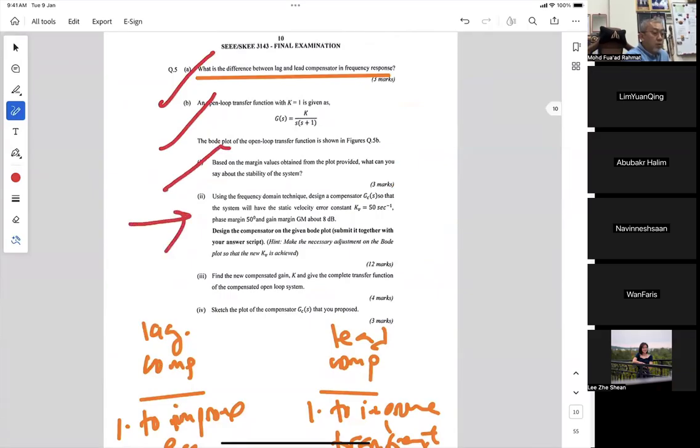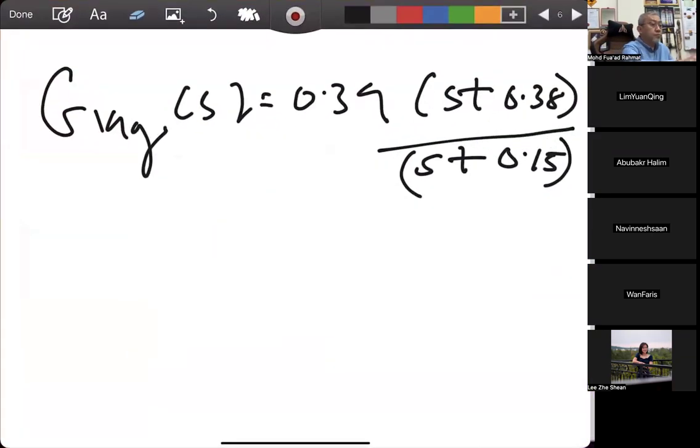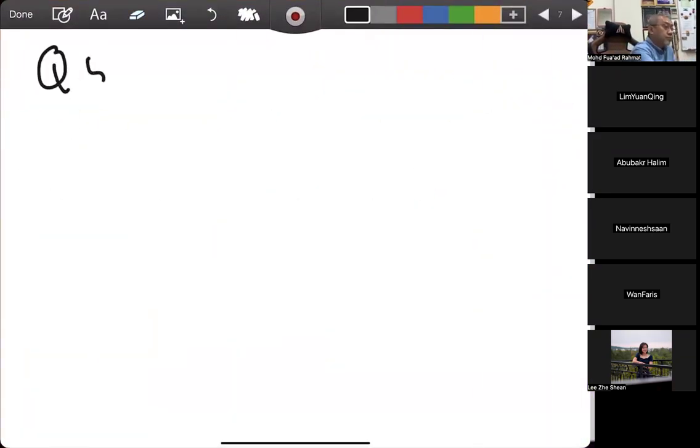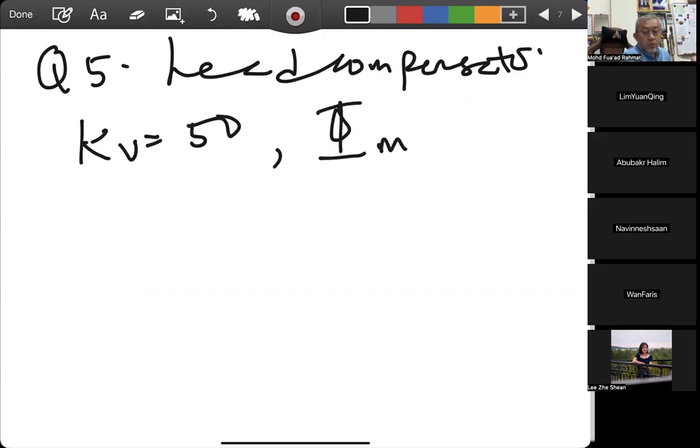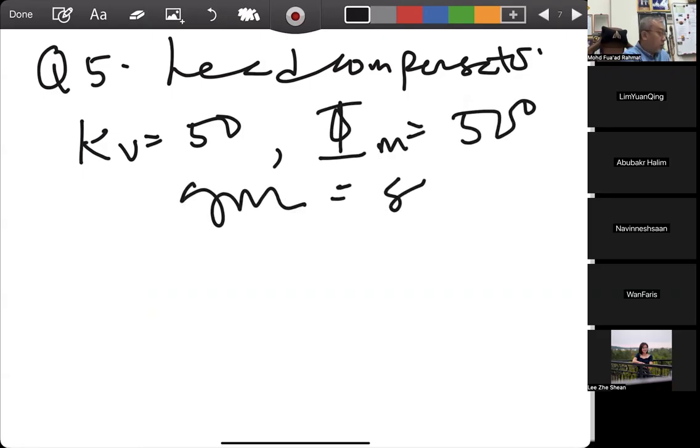Okay, this one is the lead compensator. For the lead compensator, Kv is 50, phase margin is 50 degrees, gain margin is 8 dB.